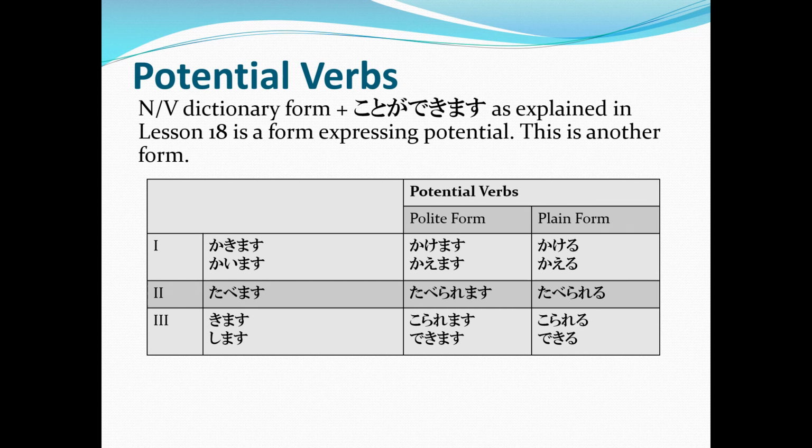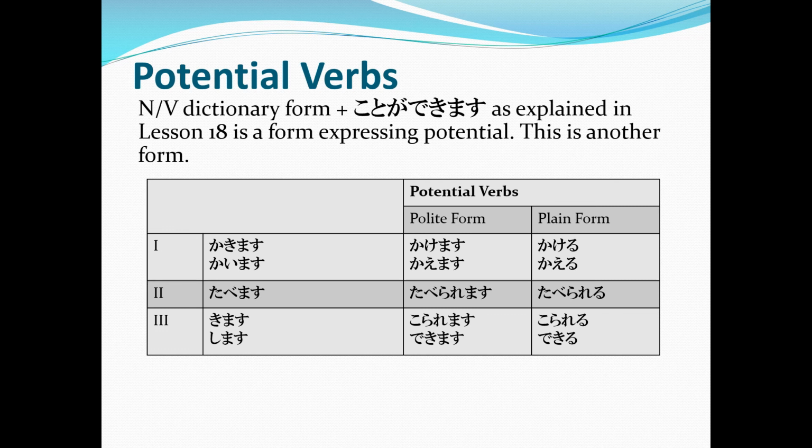Very well, okiraremasu. Now, even though the sound before the masu is ki, remember that okimasu is one of those verbs that are under group 2, which are special verbs.